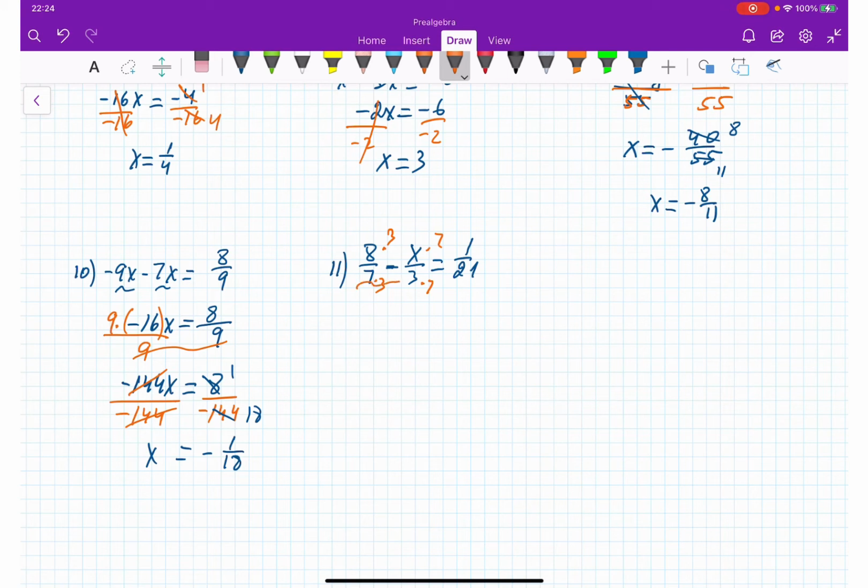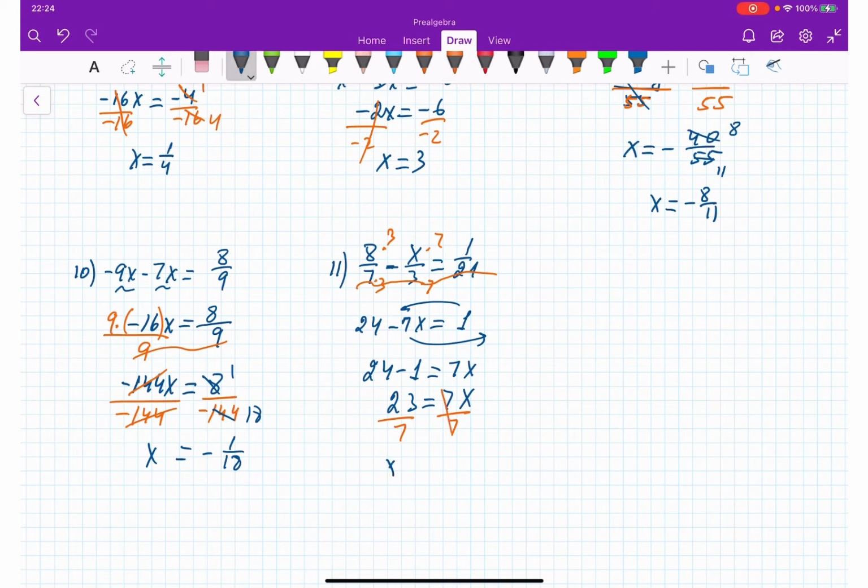So we have 21, 21, 21. We drop out a window. And we get 24 minus 7x equal to 1. Okay? So let me see. I'm moving 7x on this side. So 24 minus 1, and 1 I moved on this side, is equal to positive 7x. 23 is equal to 7x. I am dividing by 7, right? Because we need x by itself. And x is equal to 23 over 7.